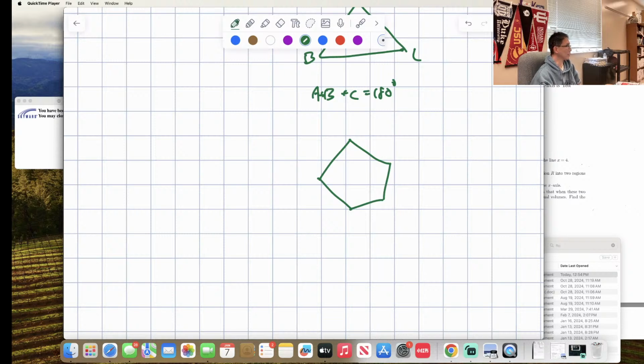Man, your geometry teacher really failed you. How can it be 140? It cannot be less than a triangle. 540? Why? There's 3 triangles. Yes, exactly.